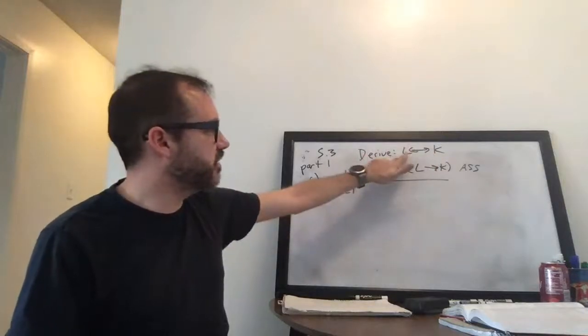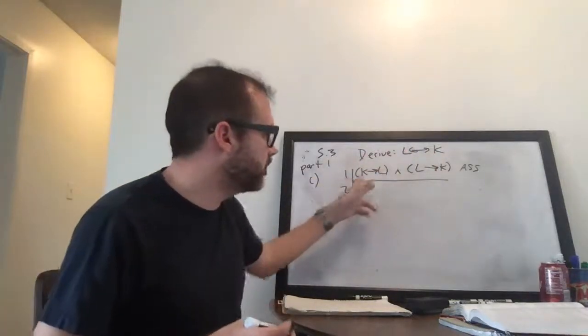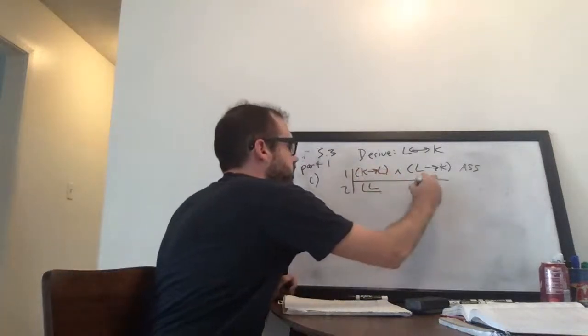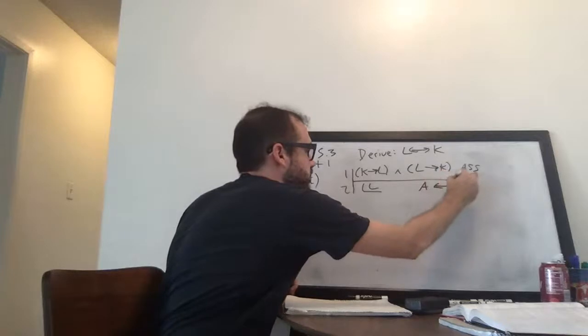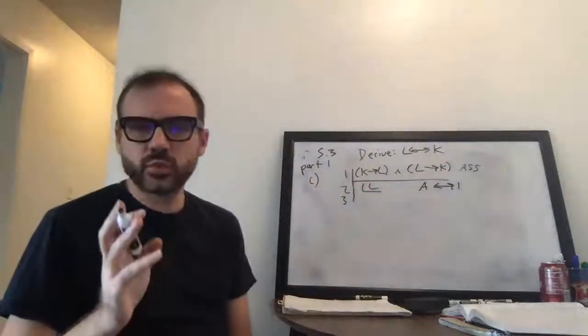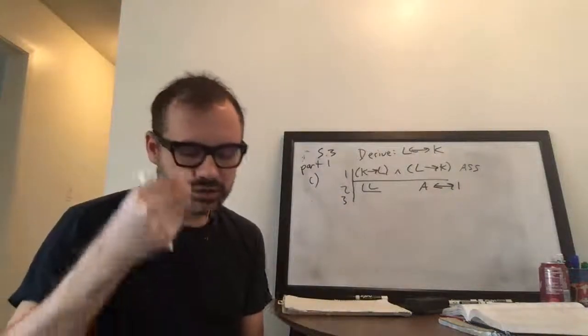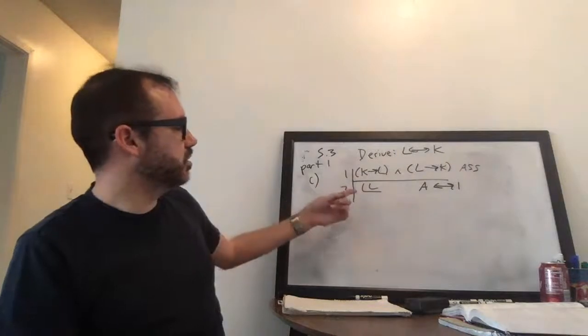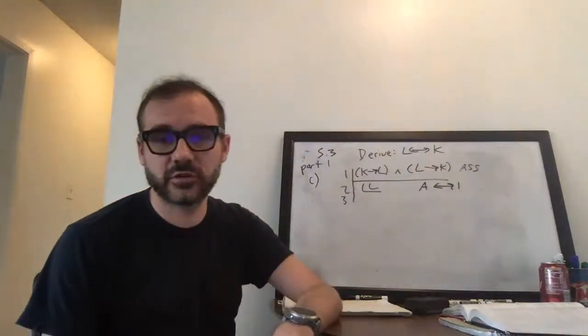So we assume the left side in an effort to eventually establish the right side. So L, assume for biconditional introduction. Now that we've assumed L, what is our goal internal to that part of the subderivation? By assuming L, we hope to get to where through a series of steps?